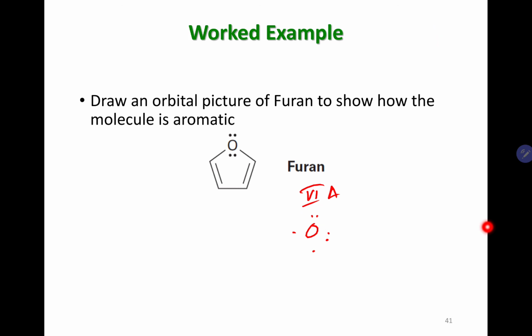But basically, once again guys, when it comes to oxygen, one lone pair will be counted into the pi electron cloud and the other will not be counted. So every oxygen will give you 2 electrons, or one lone pair, to the pi electron system.